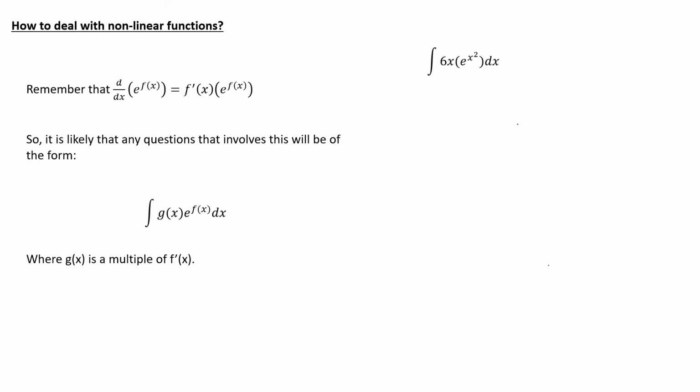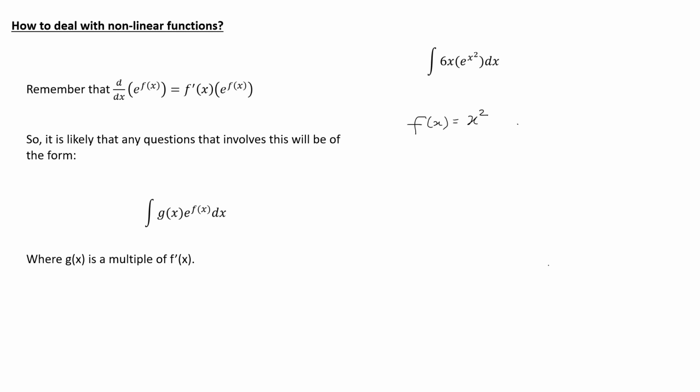So if you consider here, where I've got written the integral of 6x e to the x squared with respect to x, it's a case of recognizing that the first part of it, the 6x, the bit outside to the left of the bracket, is a multiple of the differential of x squared, and that's the giveaway.